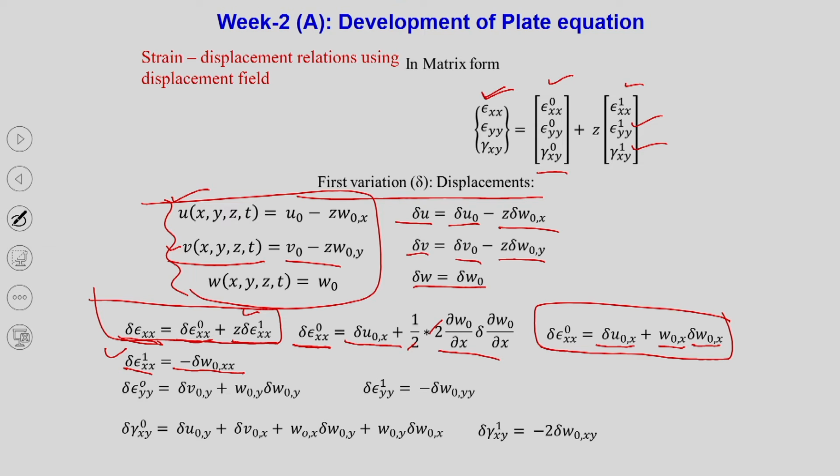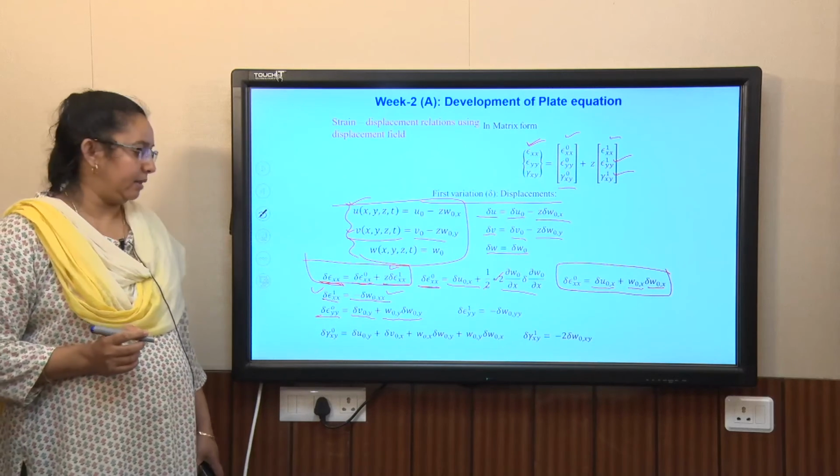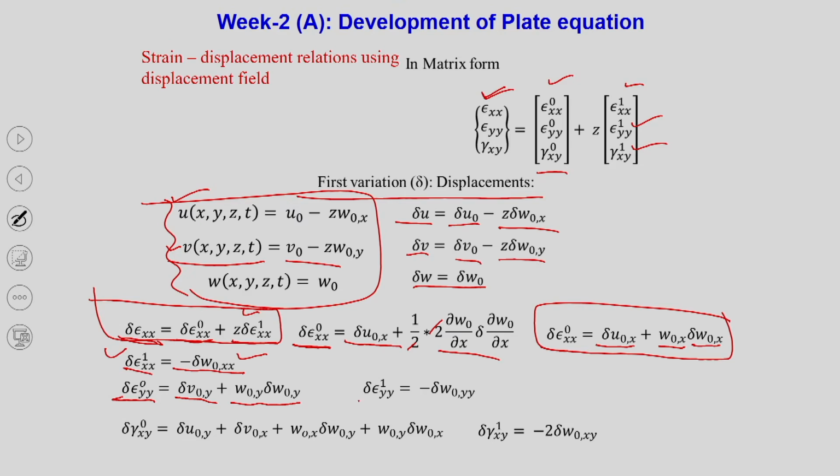If you divide, multiply or add, follow those rules. Similarly, del epsilon y naught, del v naught comma y plus w naught comma y del w naught comma y. Similarly, del epsilon y of 1 and gamma xy of 1.